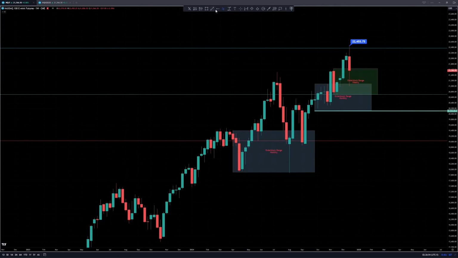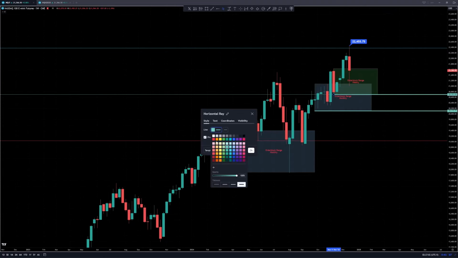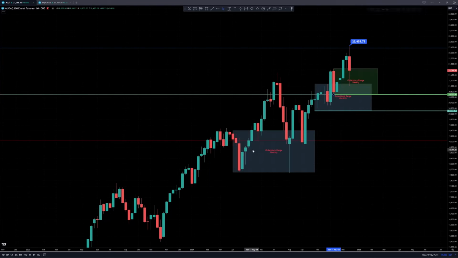Now I'm going to make another one, green, that tells us this is weekly. Okay, let's change it to green. So you see already, it's 20,703 and 20,115.75. As long as the Nasdaq is not breaking 20,703, I'm still somewhat relaxed.